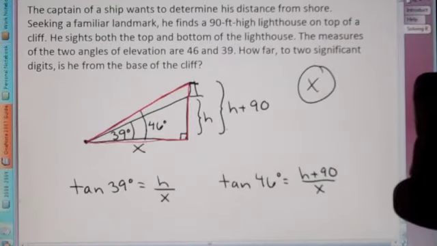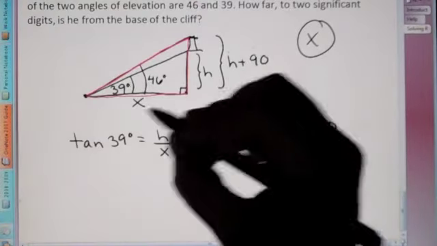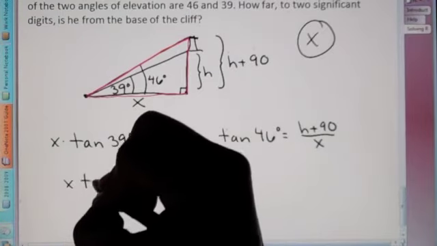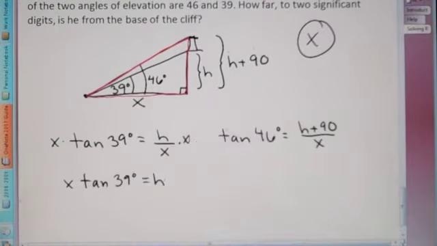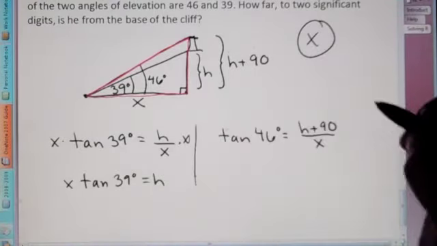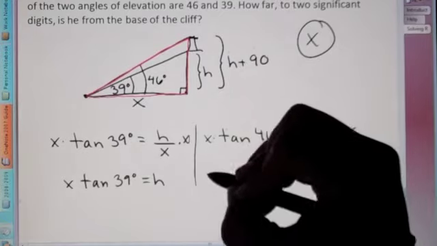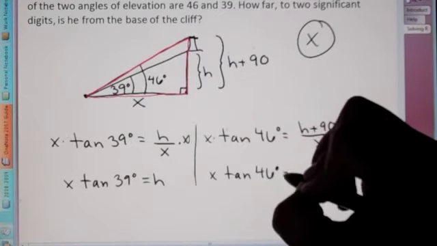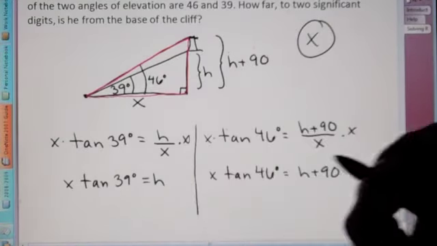So the best way to get h out of there is set both of these equal to h. So first, I'm going to multiply by x on this side. So I get x tangent of 39 degrees is equal to h. So we're done with that side. Now here, multiply by x. So we get x tangent of 46 degrees is equal to h plus 90. But again, we still need to get h completely by itself.